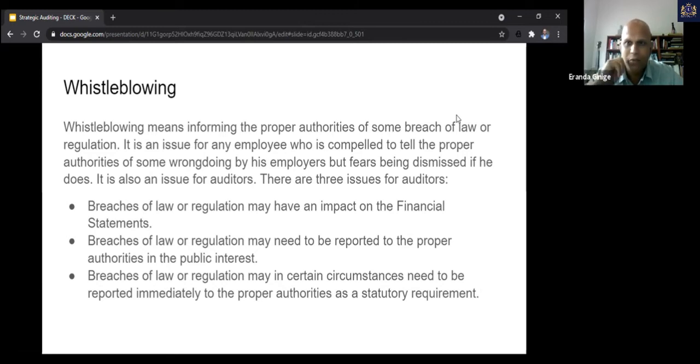But sometimes the client will not give the permission. And then what the auditor should do is a question, right? These are not very clearly defined things, but these are general fundamental principles or attitudes that the auditor will have to have in going about it. So at the end of the day, it's up to the auditor on what to do, right?